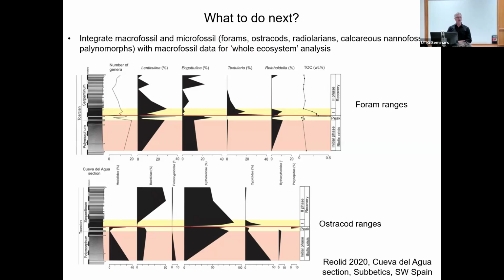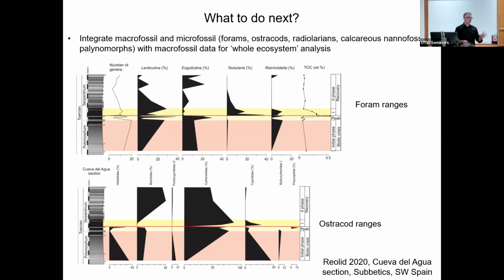And then, of course, there are the nektonic or planktonic microfossils as well, things like radiolarians, and calcareous nannofossils are really important too. Also the palynomorphs, which give us all sorts of interesting records. We've got dinocysts, for example, which are marine palynomorphs, but there are also terrestrial palynomorphs, such as spores. They're really interesting because they can tell us about what's going on on land during this period of time.